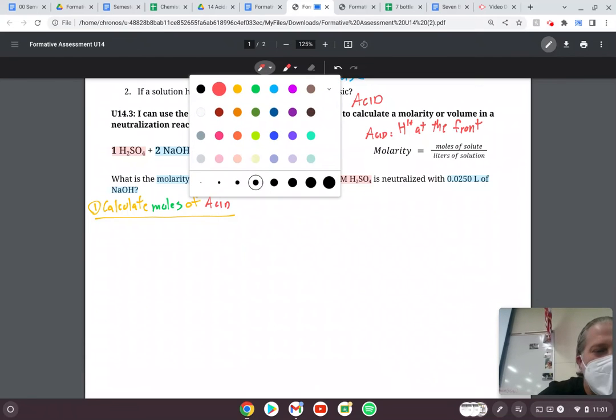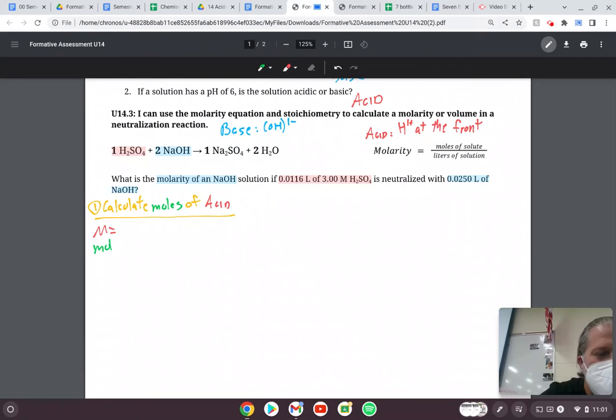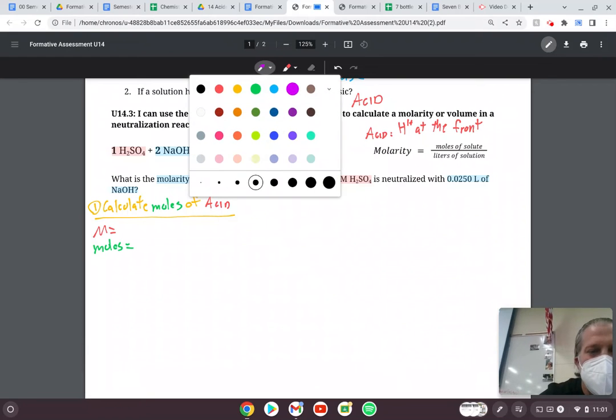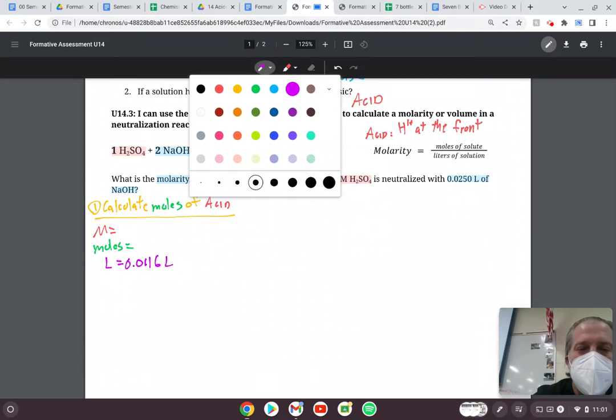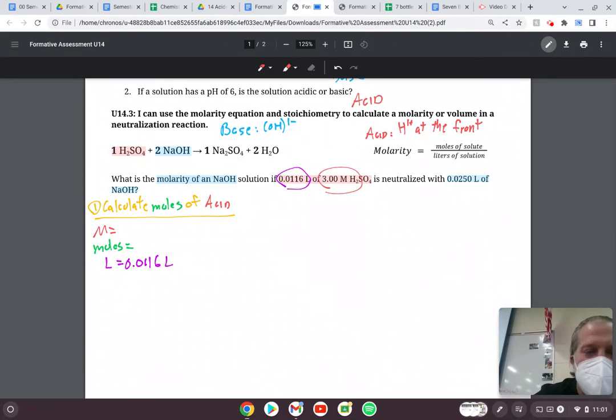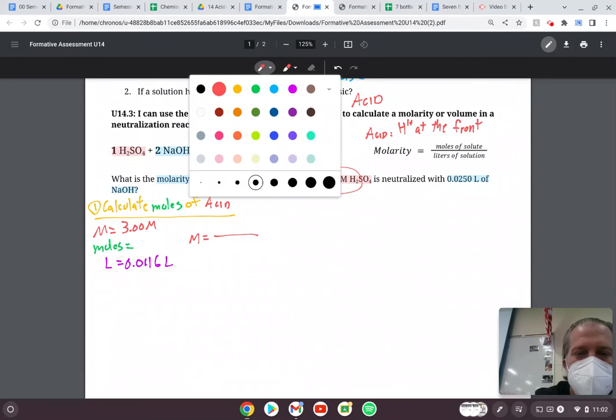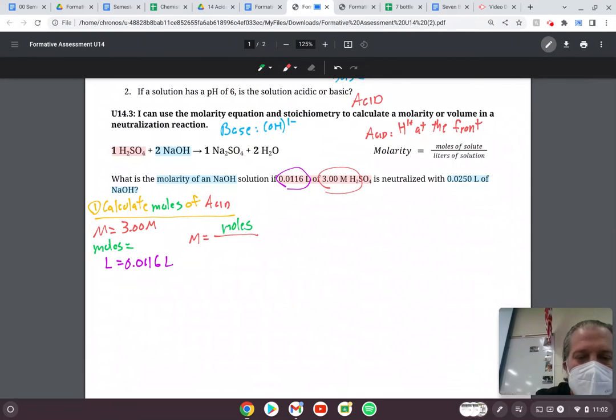So molarity, we're identifying our variables, moles, and then volume, in this case, is liters. In this problem, we are told that we have 0.0116 liters of our acid, and we are also told that we have a molarity of 3.00 molar. So when I set this problem up, I'm going to use my molarity formula, which is molarity is equal to moles over liters.